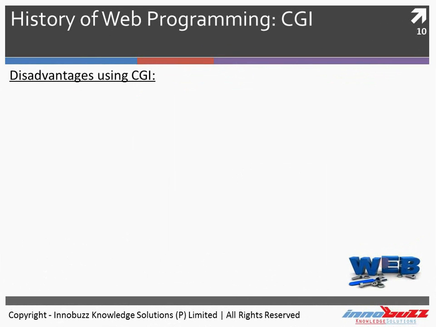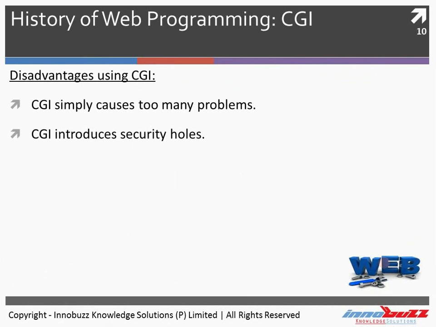To continue, CGI came with many drawbacks. It caused many problems, like it introduces security holes. Private or confidential documents stored in websites may fall into the hands of unauthorized individuals.